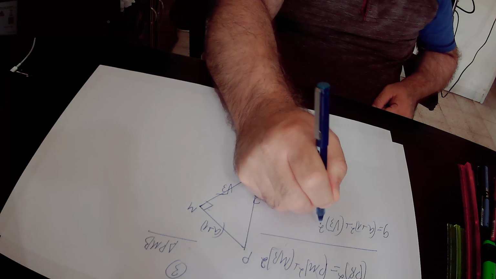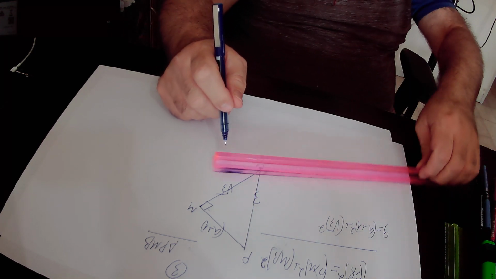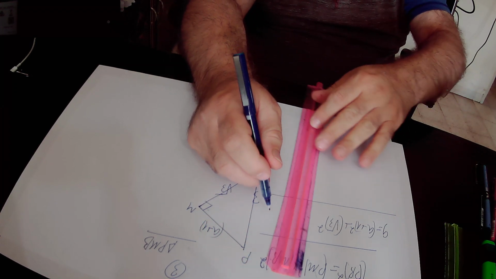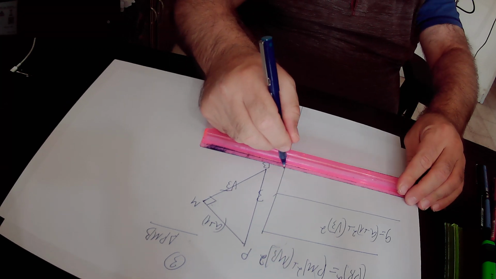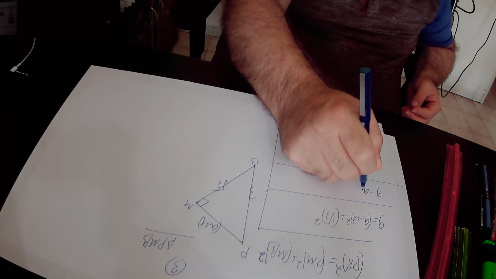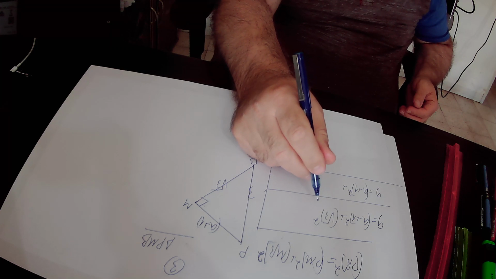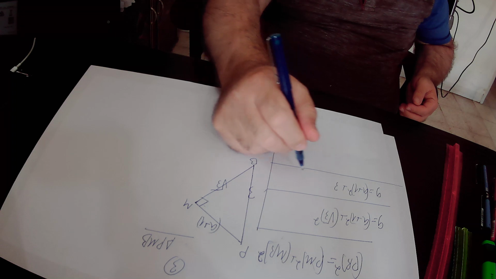In conclusion, according to the Pythagoras theorem in the right triangle PMB, 9 equals (A plus 1) squared plus the square root of 3 squared. The square root of 3 squared is 3, so 9 equals (A plus 1) squared plus 3.